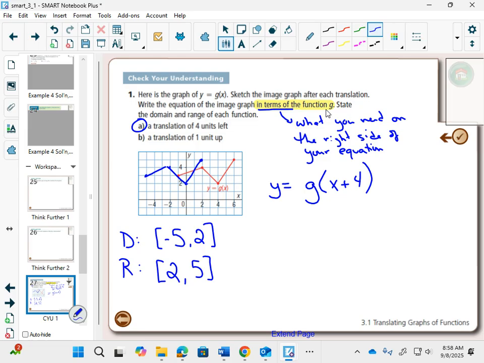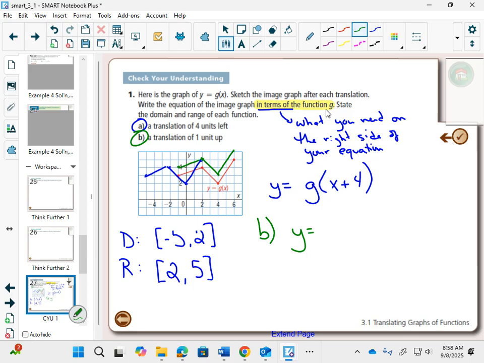Then part B, I'm going to do in green. Translation of 1 unit up. So take all of my points, shift it 1 unit up, connect the dots. No problem. My equation now in terms of g.